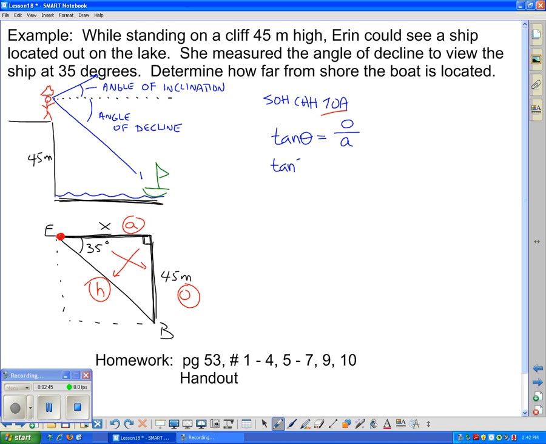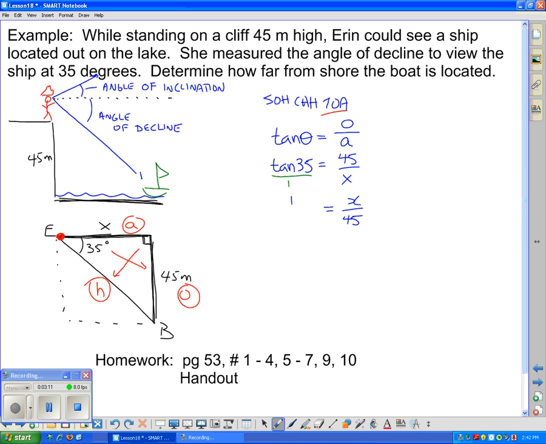We know the angle. Erin measured that. We know the opposite side is 45. And the information we're interested in is x. So in order to solve for x, again, variables on the bottom, I'm going to flip the fraction. But you have to remember to flip the fraction on the other side. We don't have a fraction on the other side, so if you remember, we talked about, well, you can always make everything into fractions, just put it over 1.